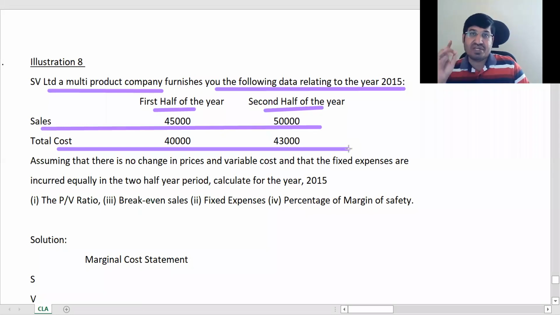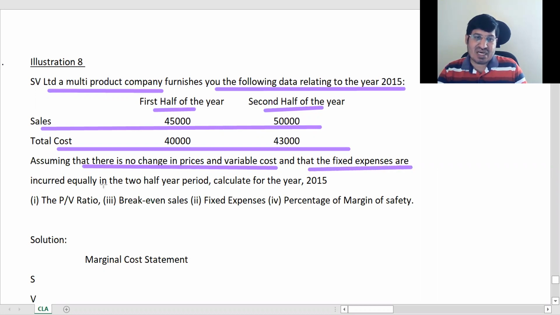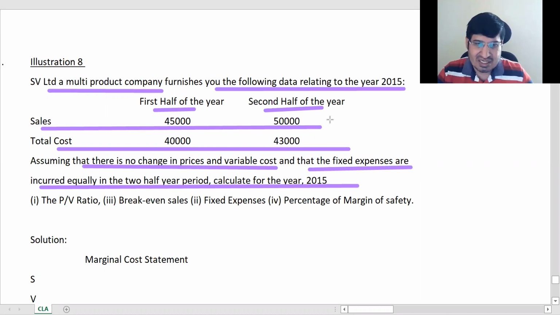Assuming there is no change in prices and variable cost, and that fixed expenses are incurred equally in the two half-year periods, calculate these things. So fixed expenses are the same in both periods, half of the total. That's one point we got.